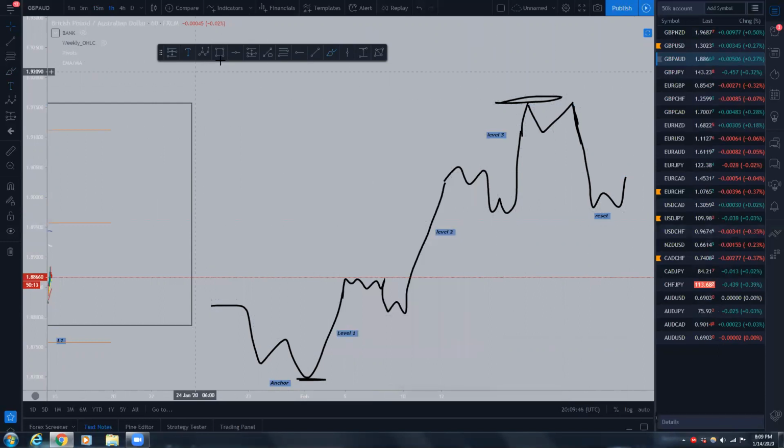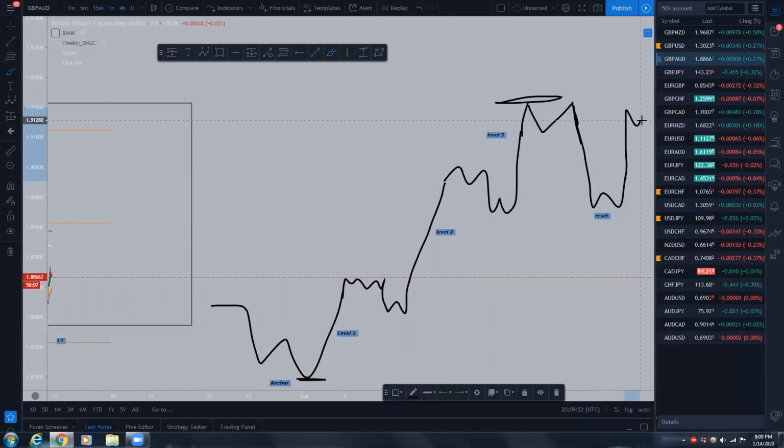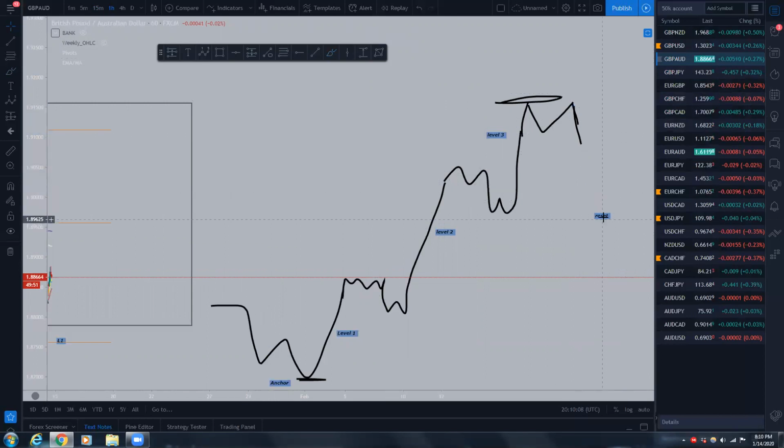Once you have your reset that has taken place, then you go back into level 1, and then the cycle begins again into level 2 and into level 3. Okay, so all that makes sense for you guys. That is one scenario that will take place. Now, a second scenario is rather than getting a reset, you'd have price come back down, and this would now be your new level 1.